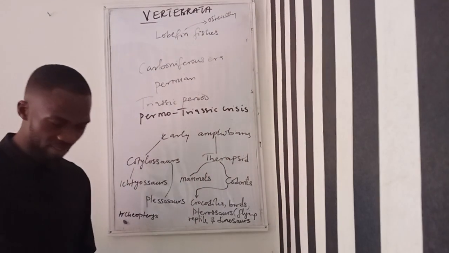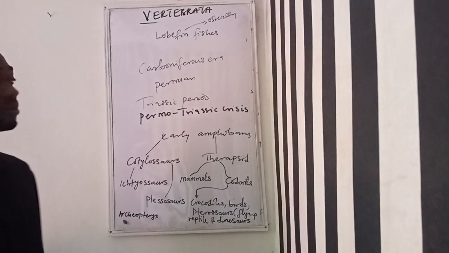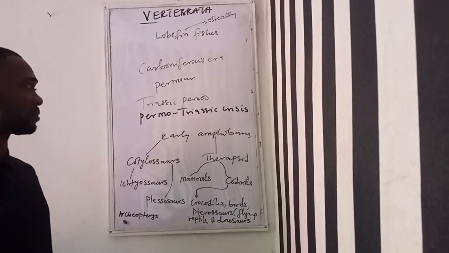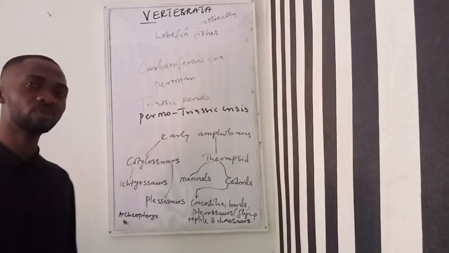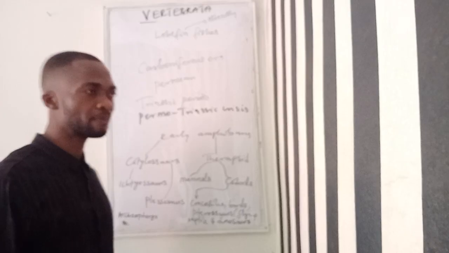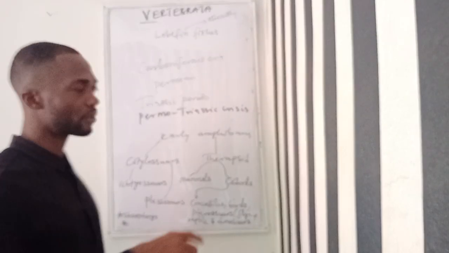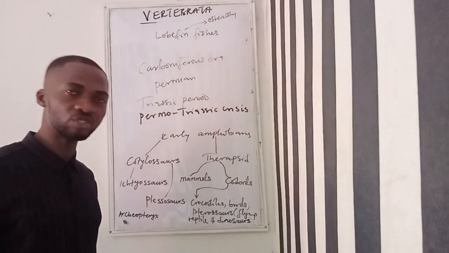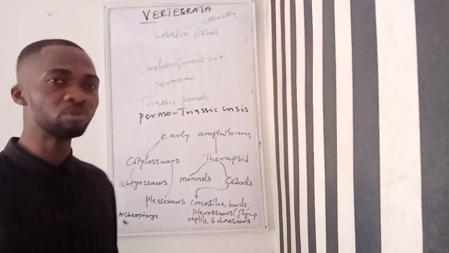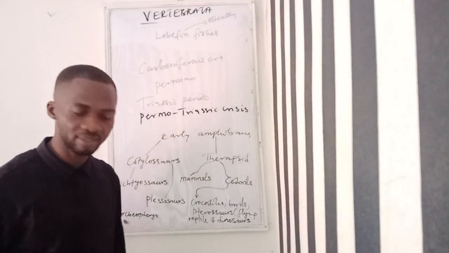This Triassic crisis was as a result of either a geological or biological disaster that happened on the earth then, and it led to the extinction of many amphibians. So many of them died at that period. That crisis is what they call the Triassic crisis.